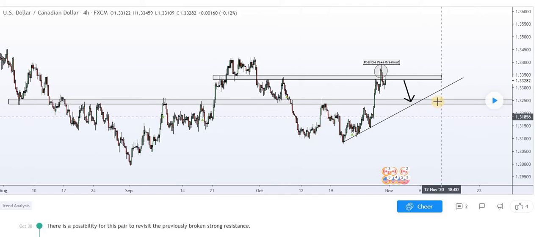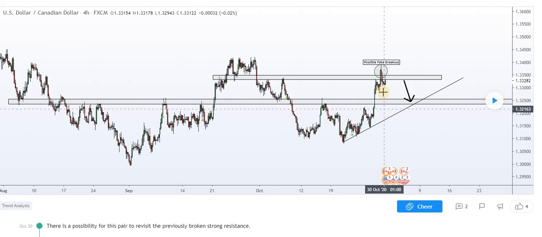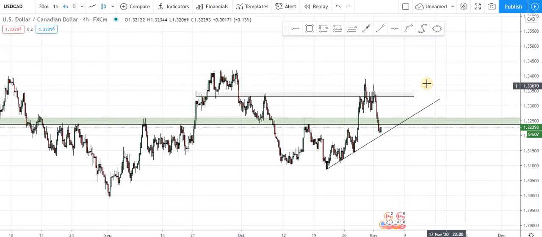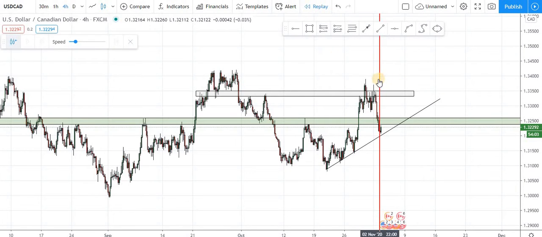So let's look at the analysis. Price was sitting right here, and it was the 30th of October. So let's go to our charts. I'm going to use the replay tool. The 30th of October, right here.